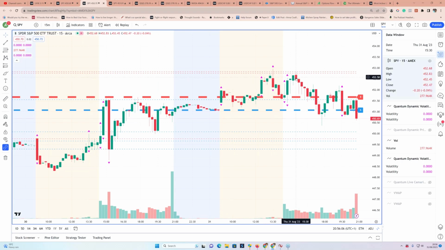Where did we get to? We got to 452.83. What did we get to here? We got 453.90. We almost got there, but essentially it's been in this narrow range, but it does have this strong support platform, which at the moment is actually being tested as we move into the end of the physical session, and we'll have to see what happens in post market.